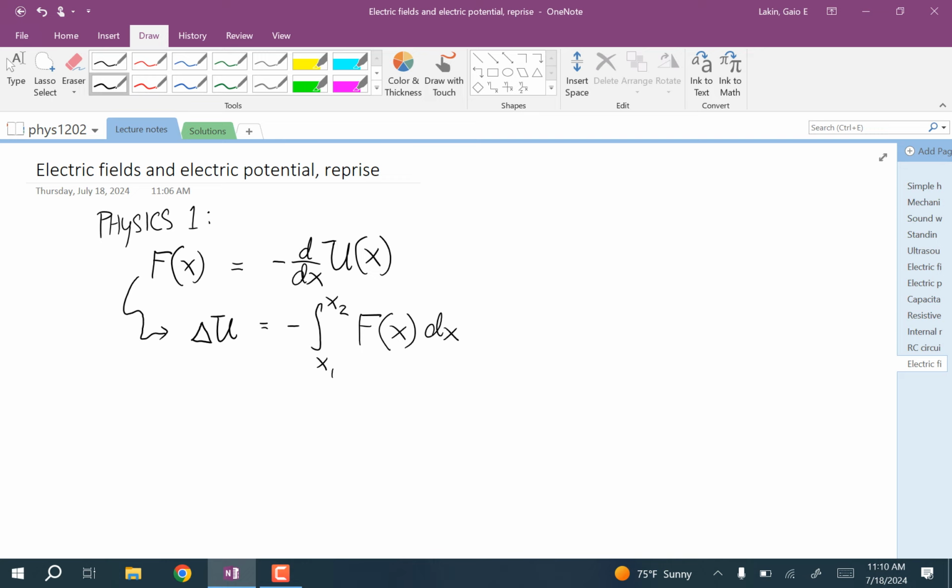Okay, this is only true for conservative forces. There's no such thing as potential energy for non-conservative forces.